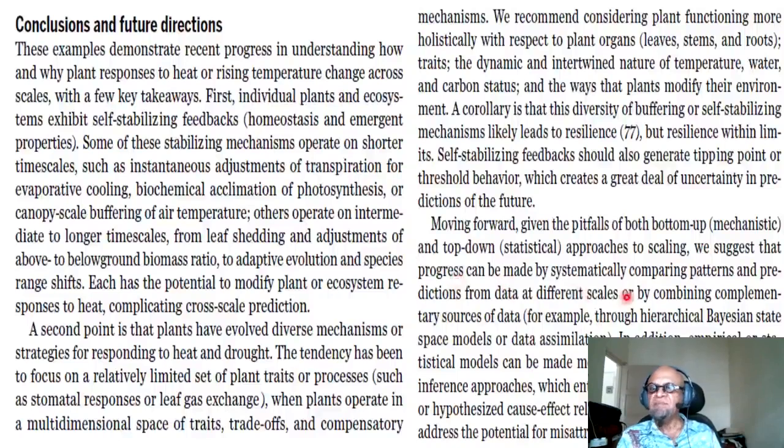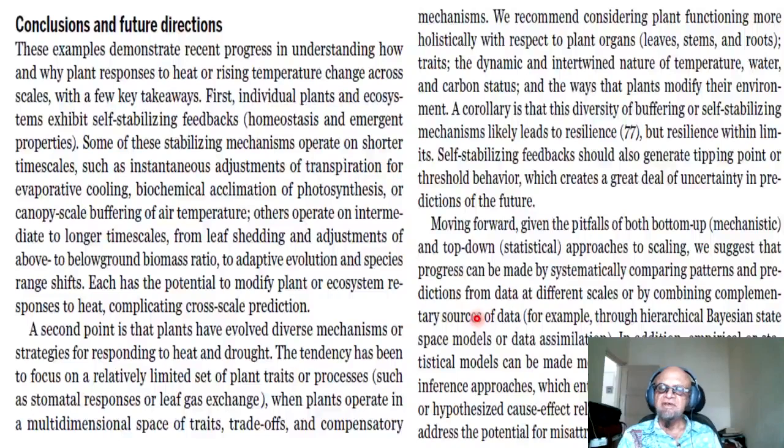Moving forward, given the pitfalls of both the bottom-up mechanistic and top-down statistical approaches to scaling that we briefly looked at, we suggest that progress can be made by systematically comparing patterns and predictions from data at different scales, or by combining complementary sources of data, such as through hierarchical Bayesian state space models or data assimilation, which are technical terms.